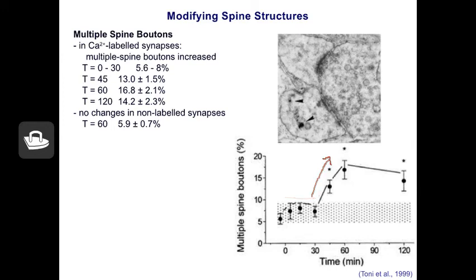This indeed seems to contribute greatly to the strengthening of responses to presynaptic input in the postsynaptic neuron. And this seems to be the permanent change that endures across time from 60 all the way through to 120 minutes.